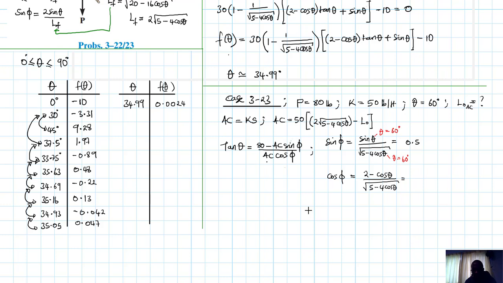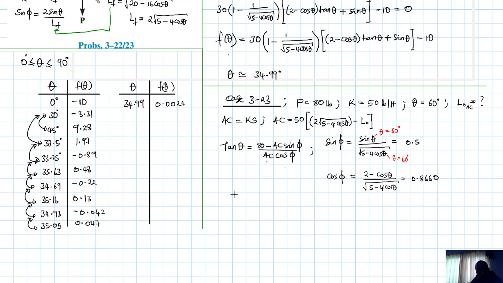So at the denominator is root 3. So 2 minus cos 60 divided by root of 3. So this gives us 0.8660.